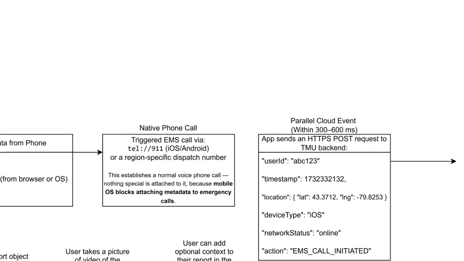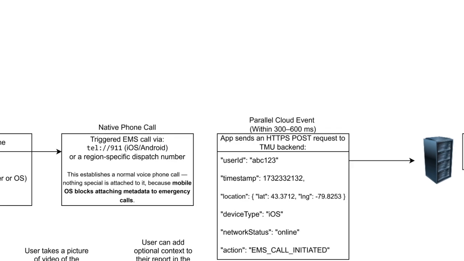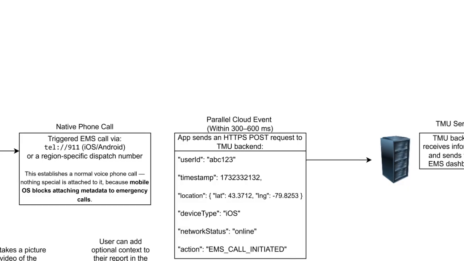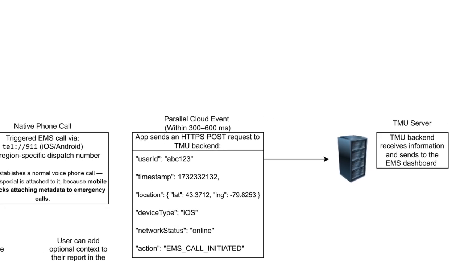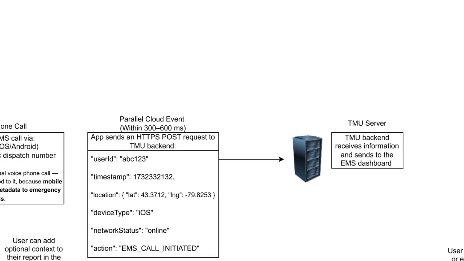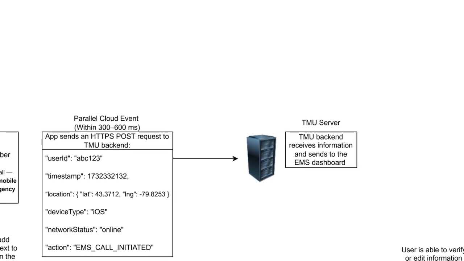Second, a parallel cloud event is sent to the TMU backend. This request sends all the user's information, the timestamp, location, device type, network status, and other relevant data to the TMU server. The server forwards the information to the emergency services dashboard.